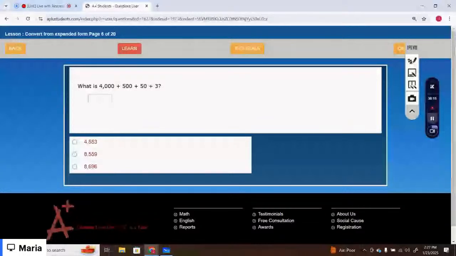4,000 plus 500 plus 50 plus 3, which is the correct option?